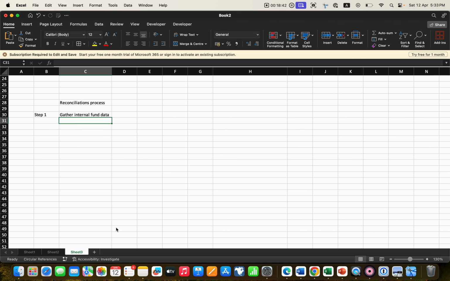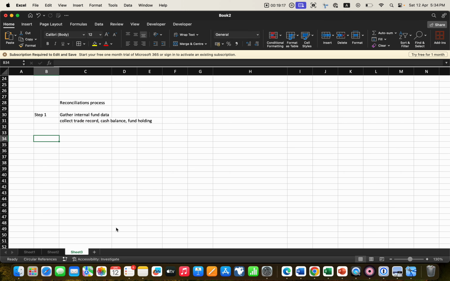That means collecting the trade records, cash balance and fund holdings, that is, as per your system, what trade records are there for a particular fund, the cash balance and the fund holdings.